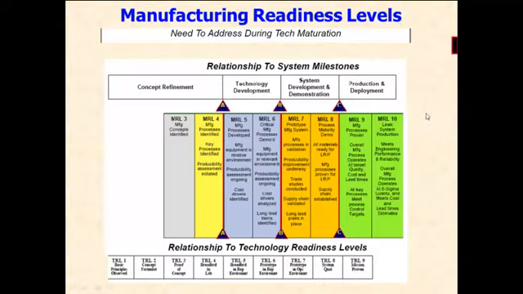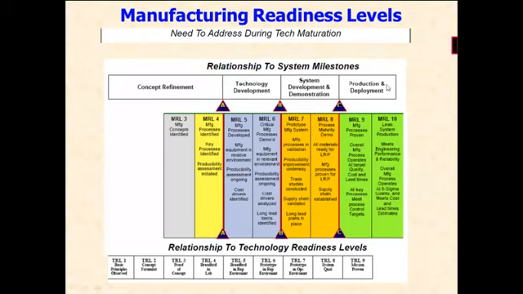Now, we also talk about what's called manufacturing readiness level, because every time you talk about a large technology like an engine, which is a complex technology, there are going to be a lot of new manufacturing technologies as well. In parallel with this, you see MRL 3, 4, 5, 6, 7, 8, 9, and the relationship to system milestones.